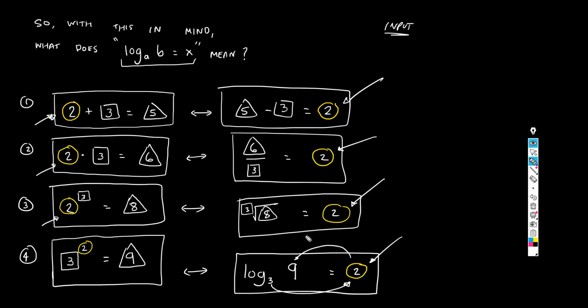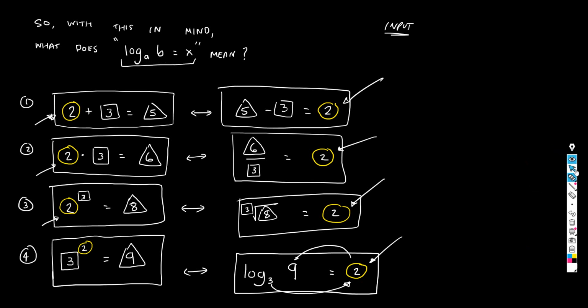Okay, so that's basically the definition, guys. The definition of this expression, logarithm base a of b equals x, is this. Let me put this aside. And you need to repeat this so many times, guys, that you memorize this idea.